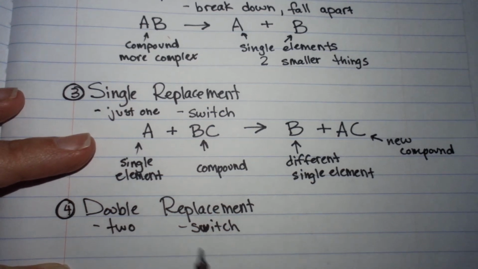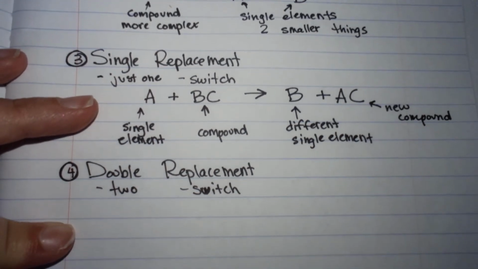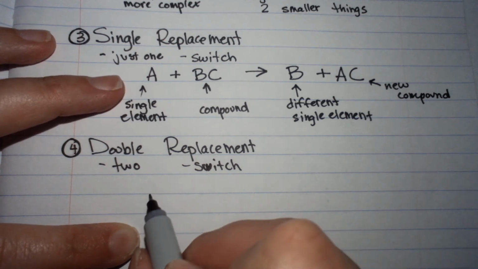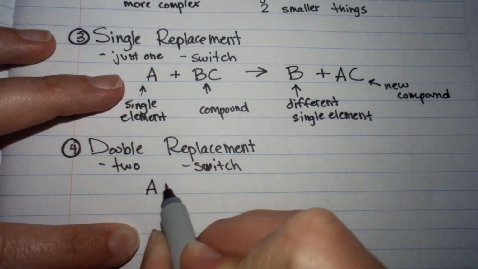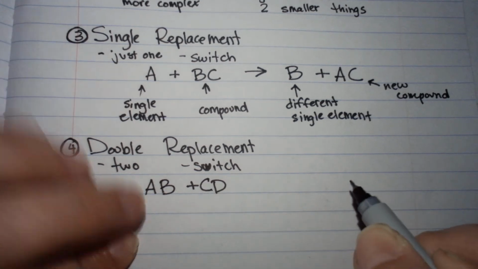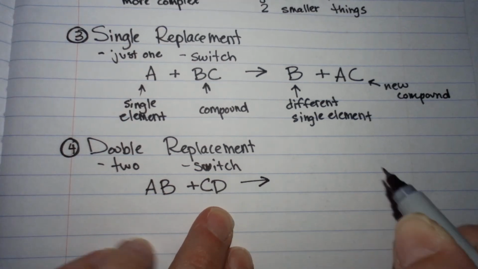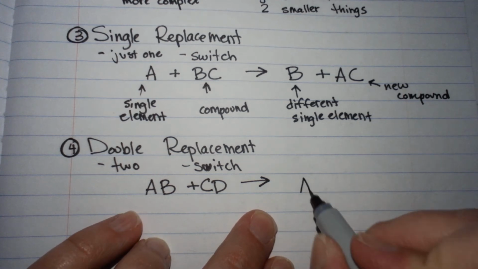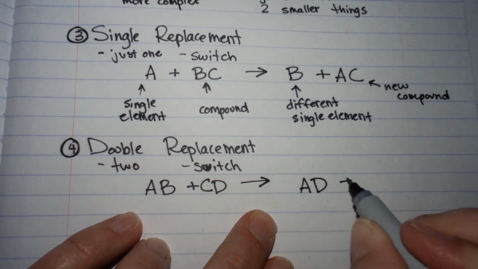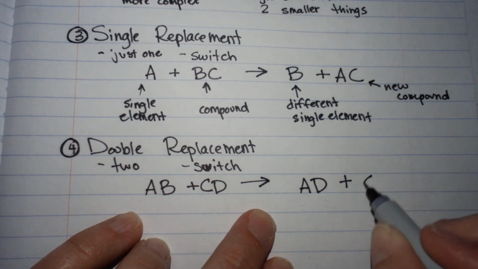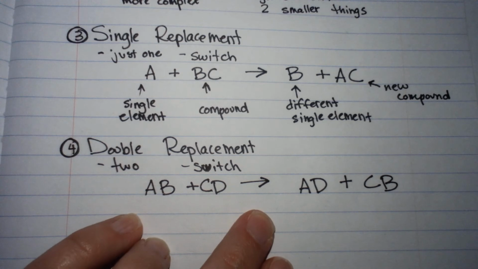So the definition for double replacement is 2 switch. Alright, so let's look at that. In a double replacement, we're going to have like AB plus CD gives me or produces AD plus CB.